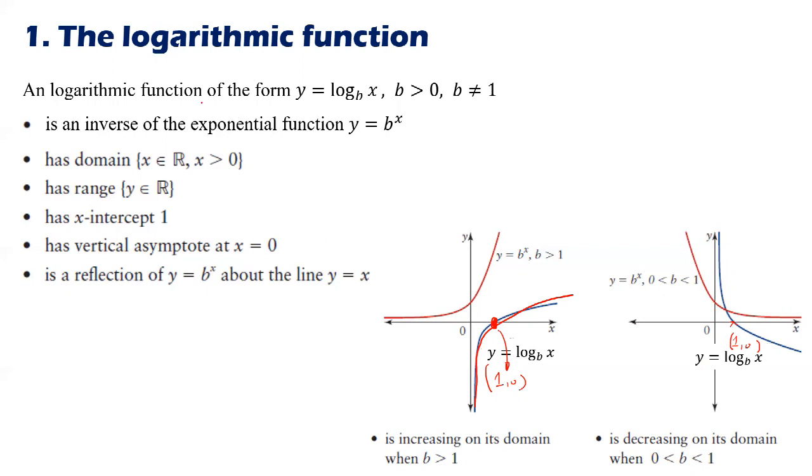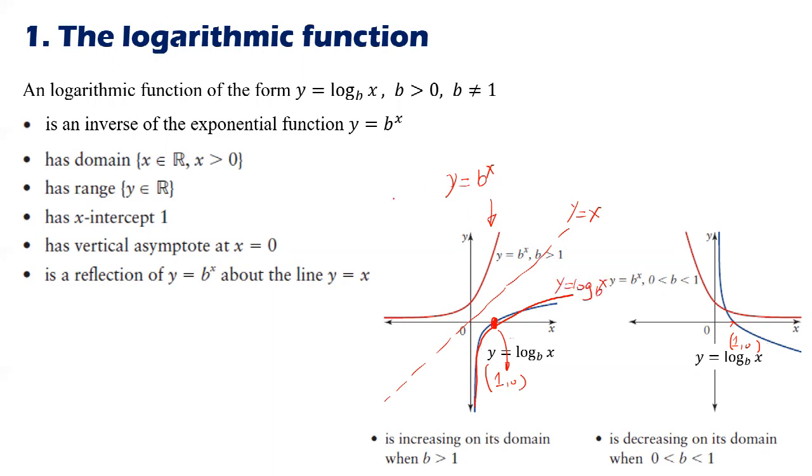So the logarithmic function is the inverse of the exponential function, y equals b to the power of x. So these two functions are symmetrical about the line y equals x. As you can see here, this function is y equals b to the power of x, and this function here is y equals log base b of x.